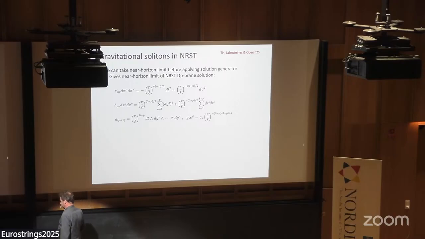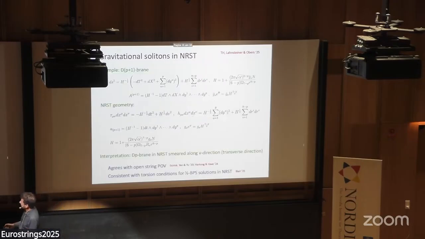Then, since we know the importance of gravitational solitons, we can try some of the same things we have been doing in relativistic string theory. One thing is to take a near horizon limit, and the cartoon version of a near horizon limit is simply to say that this part here blows up so that you omit the one.